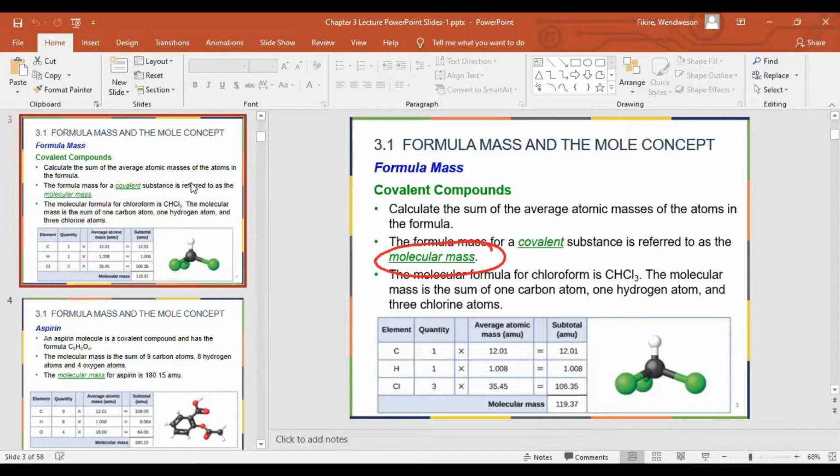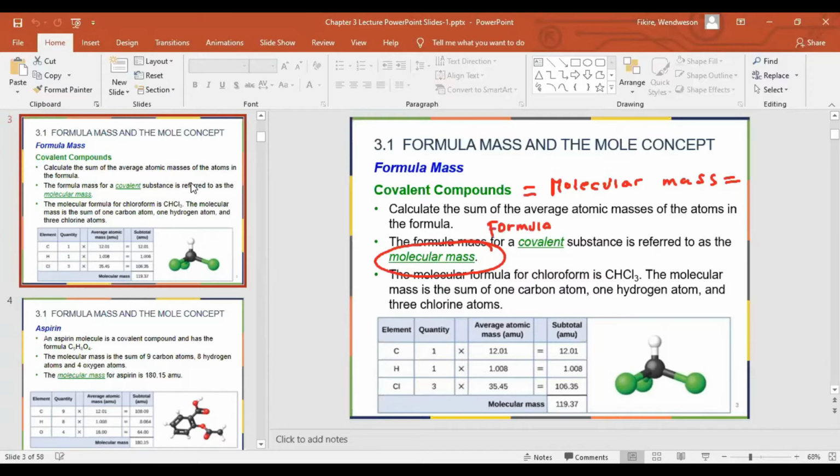Okay, let me put it in a different way. When we are expressing the quantitative weights for covalent compounds, we say molecular mass. Molecular mass is a quantitative value that stands for the weight of covalent compounds. On the other hand, we have something called formula mass.